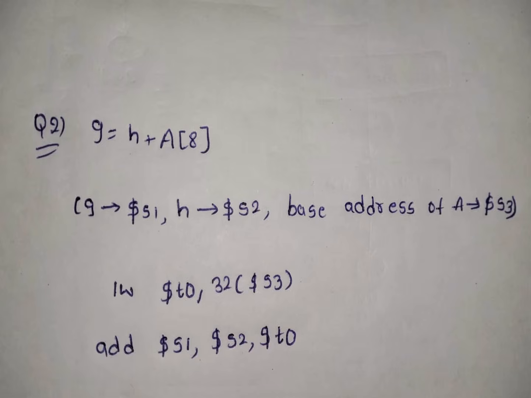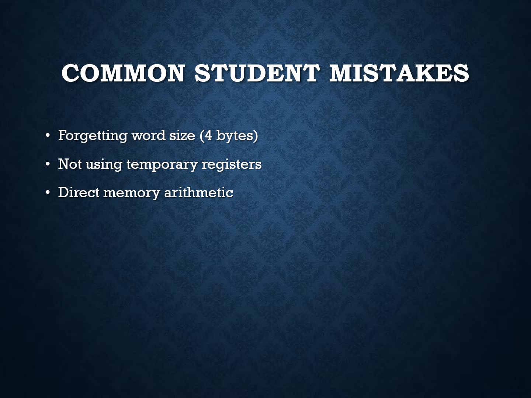Now, what are the common mistakes that students make? Most mistakes don't come from lack of study. They come from rushing and forgetting the offsets and word size. As I told, 4 bytes: if you don't multiply 8 by 4 and just write 8 in place of 32, it will be wrong.